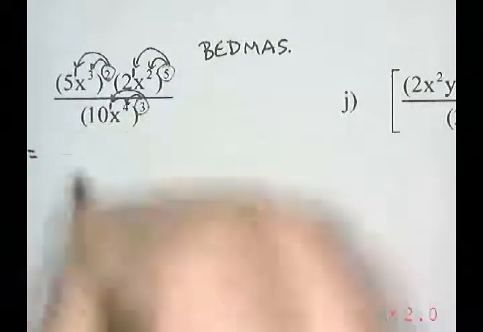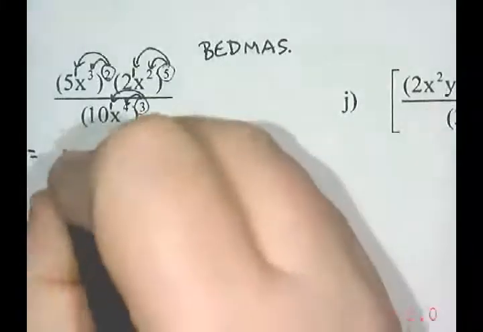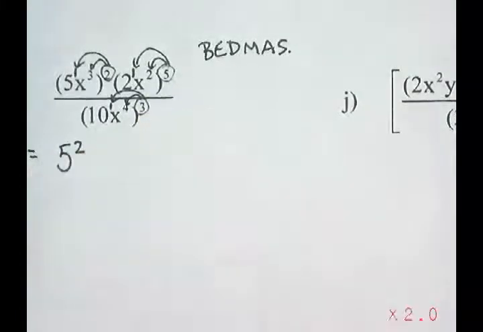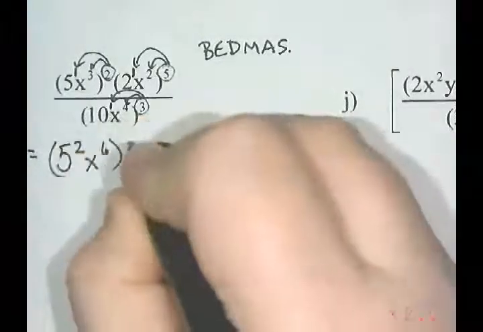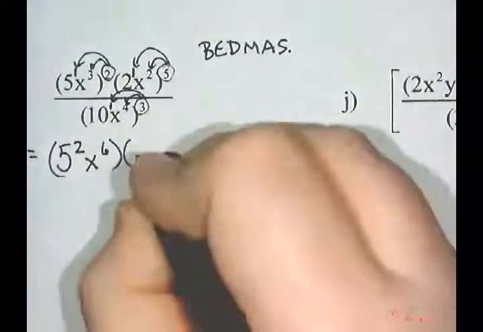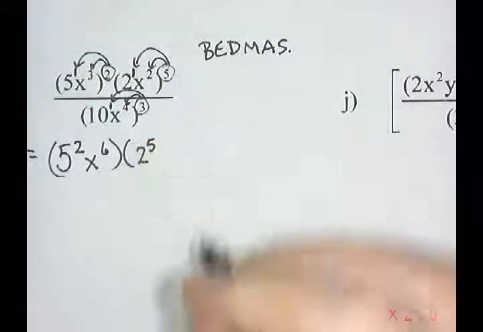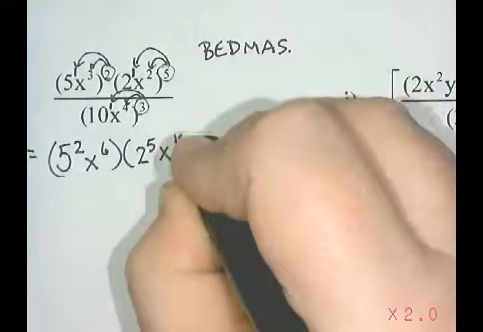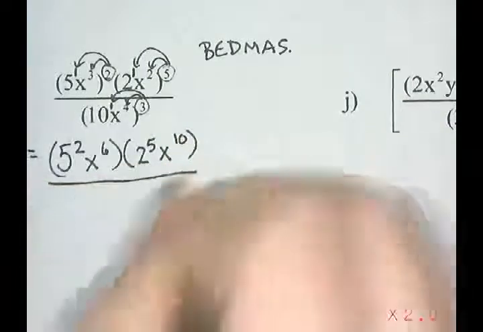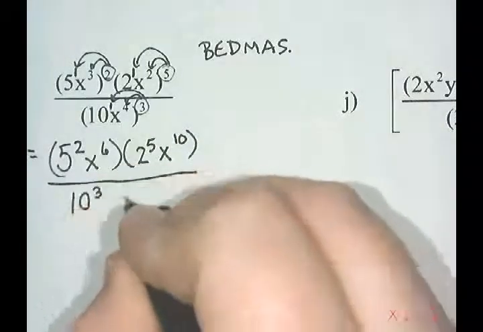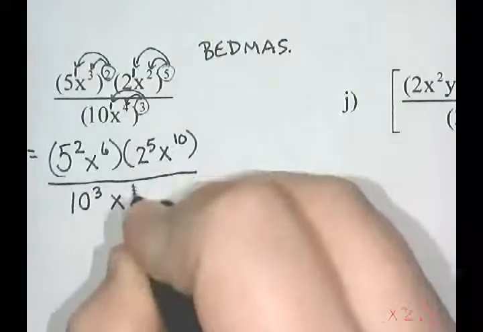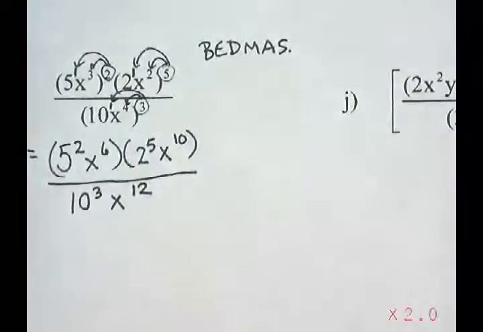So that's going to give me 5 to the 1 times 2, so 5 to the 2, x to the 3 times 2, so x to the 6, and then 2 to the 1 times 5, which is 5, and x to the 2 times 5, which is 10. 10 to the 1 times 3 is 3, and x to the 4 times 3 is 12.